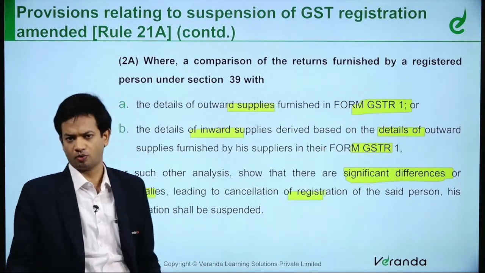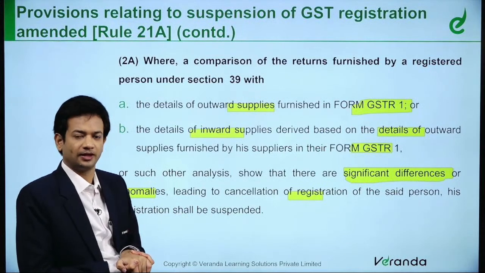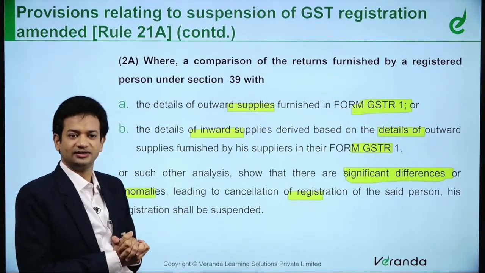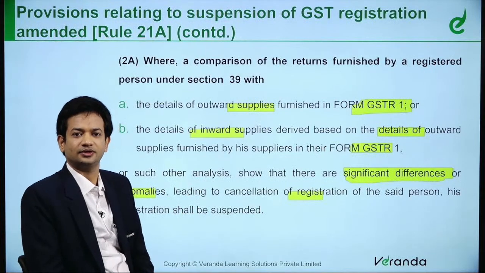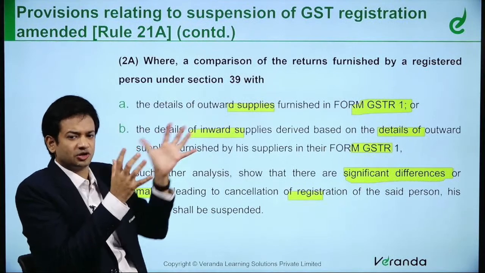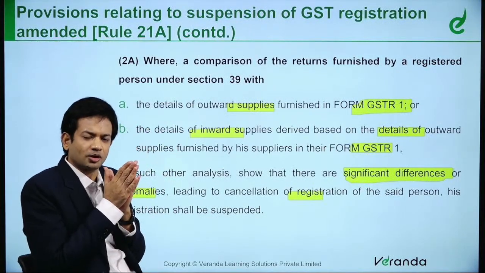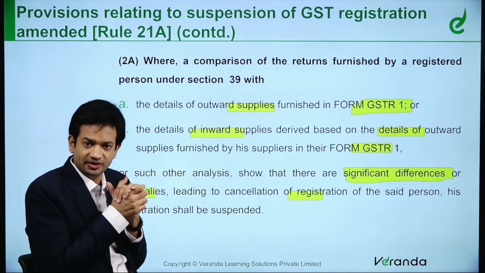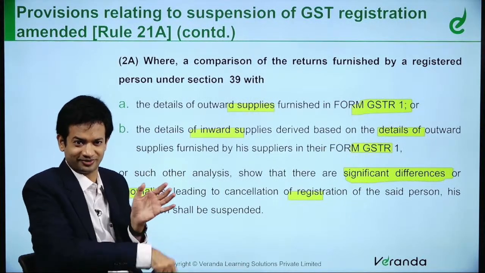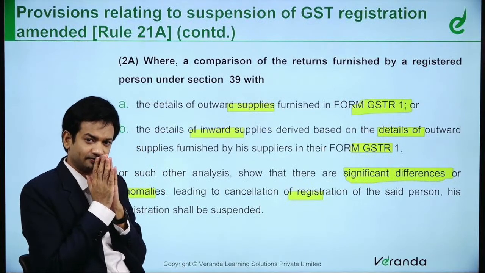Now what are they talking about here? See, they are saying that when we analyze your section 39 return, GSTR 3B, and GSTR 1, we understand that there are some anomalies. What? Probably your liability under GSTR 1 is more than 3B, right? We saw this previously also under cancellation. So the liability in 1 is more than 3B.